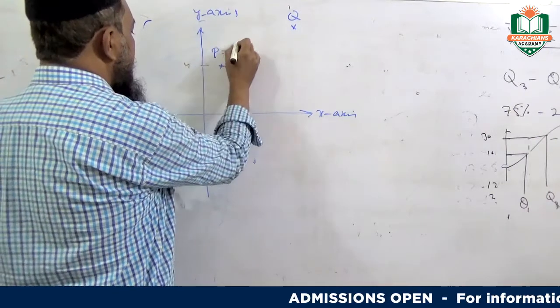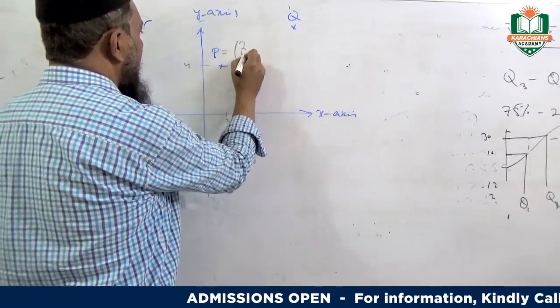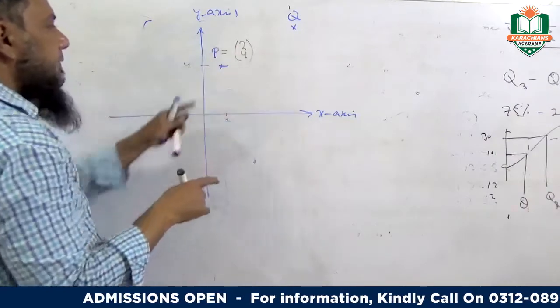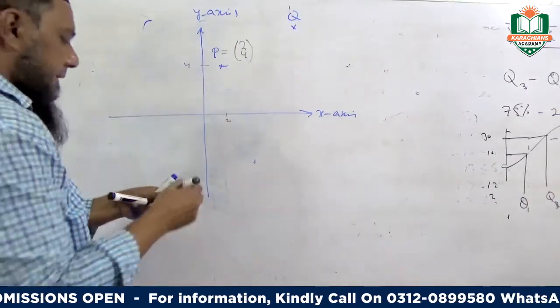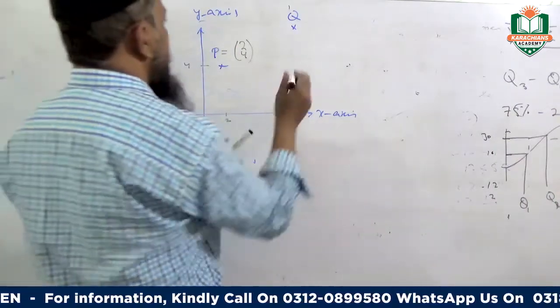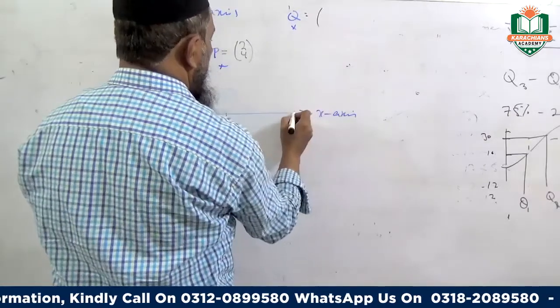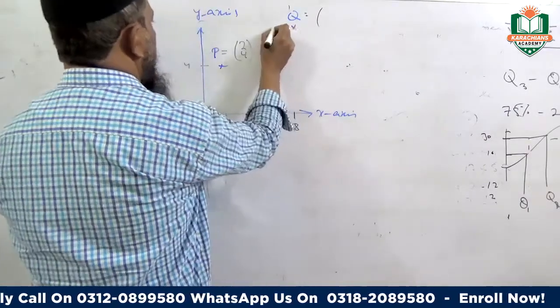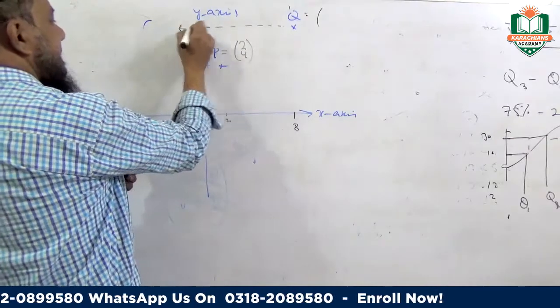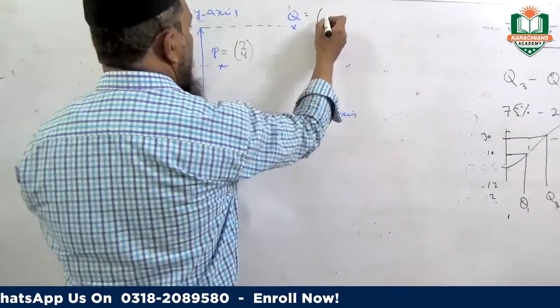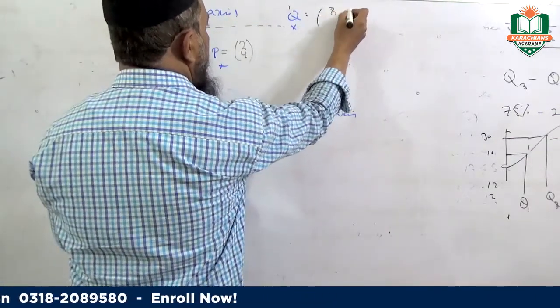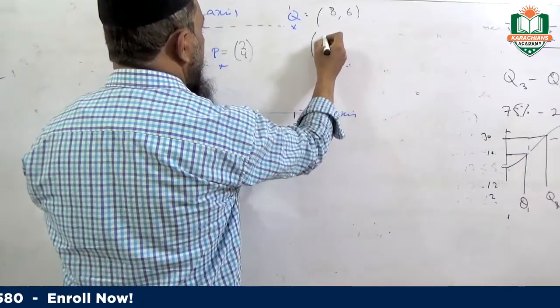So P is 2, 4 as a column vector, where 2 is x and 4 is y. As far as Q is concerned, we have 8 and 6. The coordinates are (8, 6), so the column vector is 8, 6.